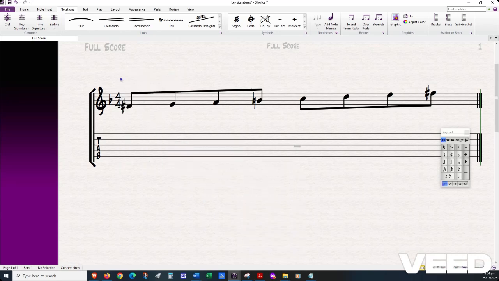So if I just write that there like that. The other way that could be written is if we had the F, F, G, A, and you could manually put the B flat in there.